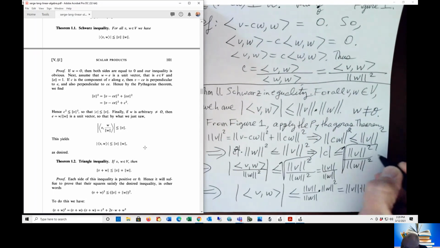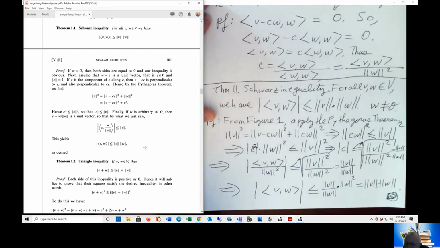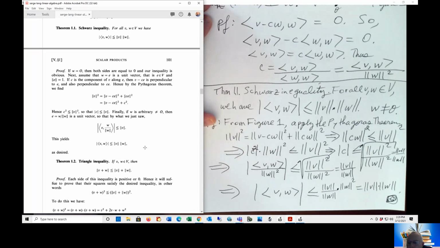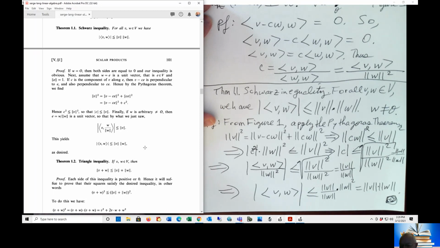Let me write that out on the side there: norm V over norm W. I'm sorry it's a bit messy to follow here. Then if you multiply the norm W in the denominator from the left side over to the right side, you'll note that one term cancels out, and you have now proven the Schwarz inequality.